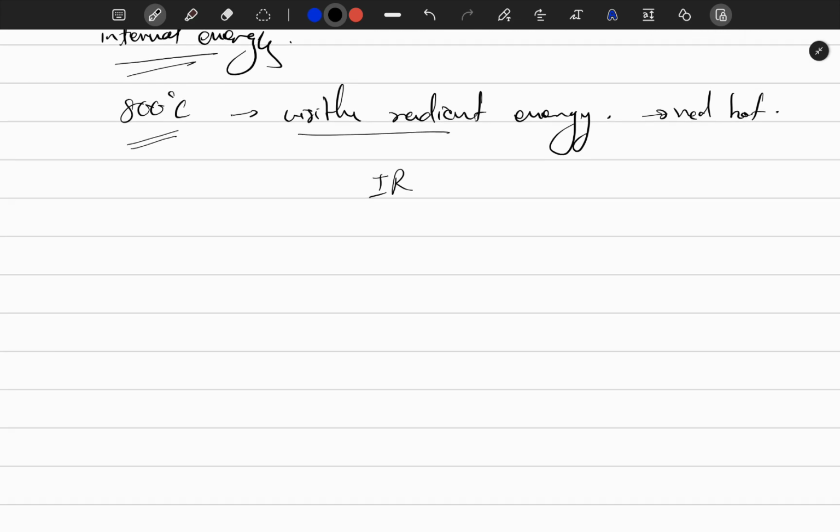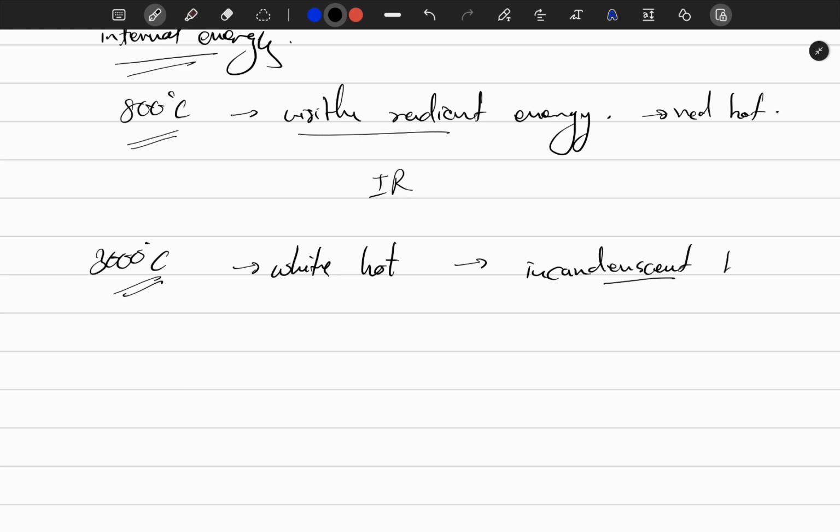Okay, so at around 3000 degrees Celsius, they appear white hot. Such heated materials are known as incandescent bodies.